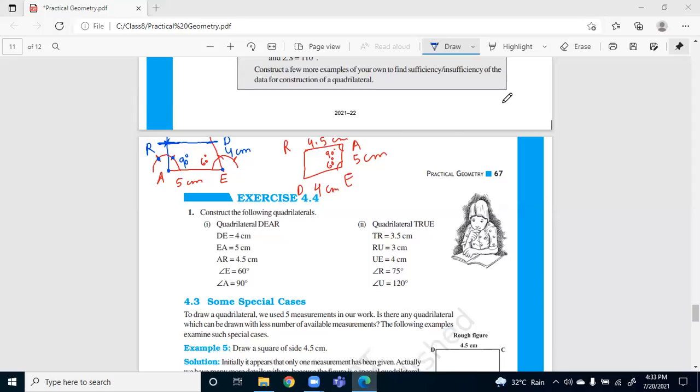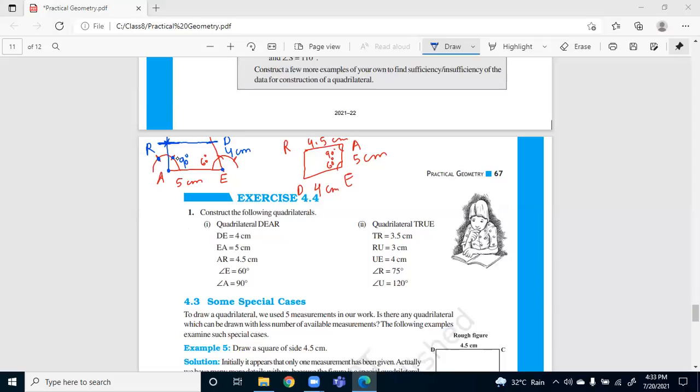Can you explain how we got RD? Yes, ma'am. Okay. So are you able to follow Mahika up to point R and D? Yes, ma'am. I have taken out till 60 degree. 60 degree and 90 degree you have drawn? Yes, ma'am. Okay. After that, have you cut that 60 degree to 4 centimeter to get it DE? Yes, ma'am. Okay.